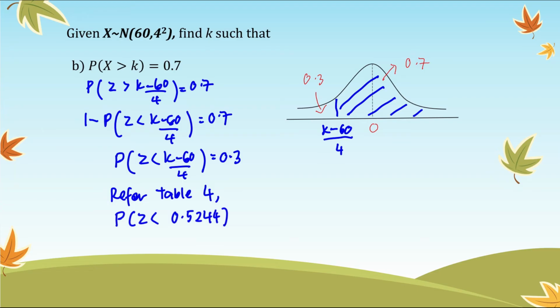Don't forget to put the negative value, because (k minus 60) over 4 is on the left side. Then we can compare: (k minus 60) over 4 equals negative 0.5244. Therefore, our k is equal to 57.9024.